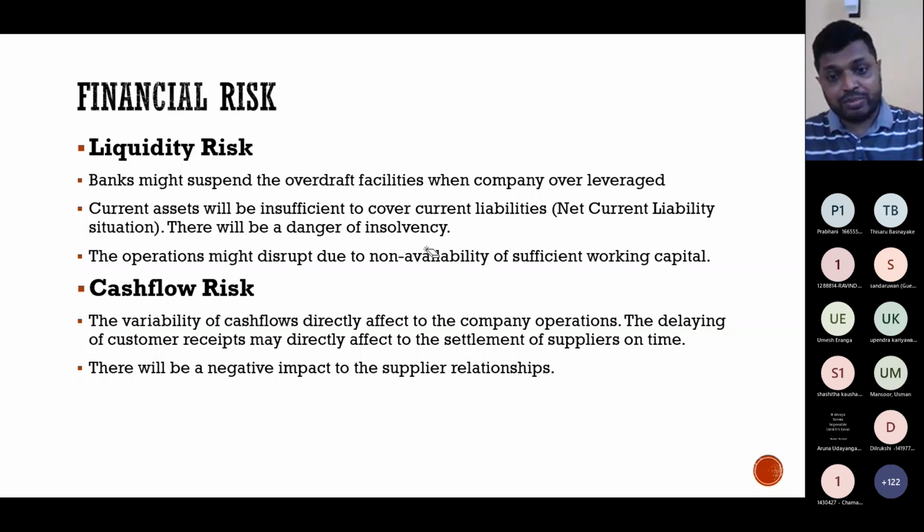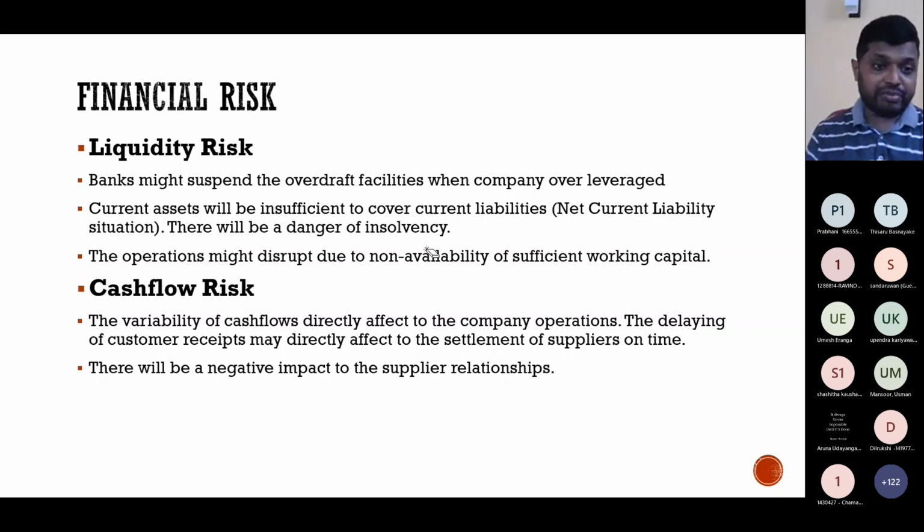Then it will affect the supplier relationships and you might face a liquidity problem as well, because cash flow risk means you might have given on credit, but they may be unable to pay on time. That variation will affect the cash flow position of the company.